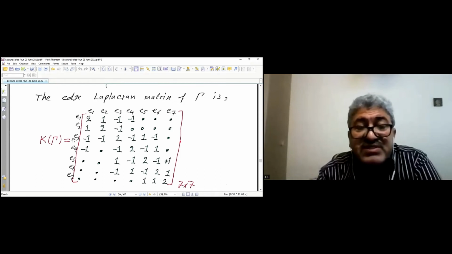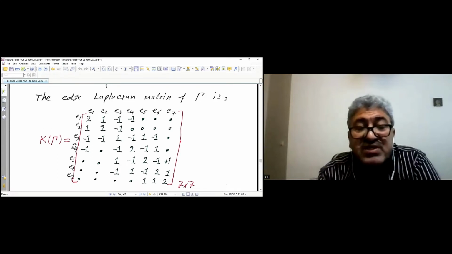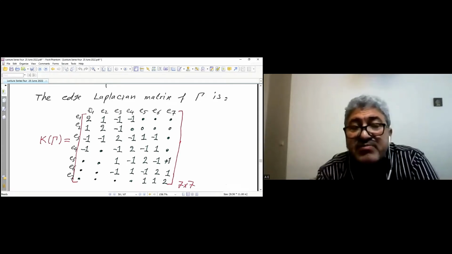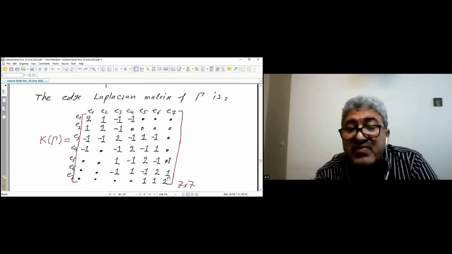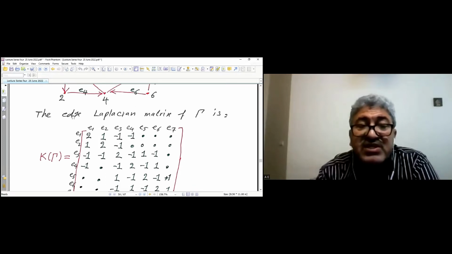So we have 7 rows associated to edges E1, E2 until E7, and similarly 7 columns for these edges. Now look at E1, E1, E2, E2. On the diagonal, by definition, we have 2. Now in the first row, look at E1, E2.